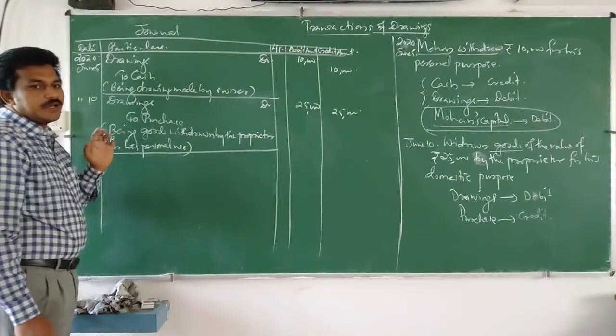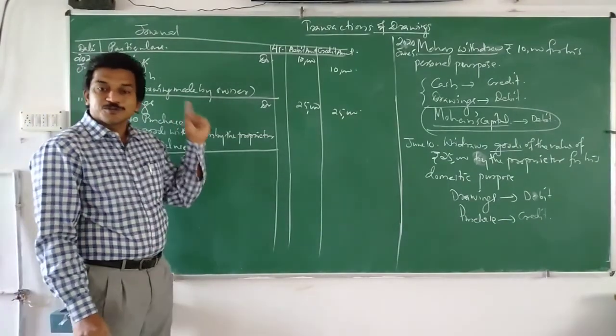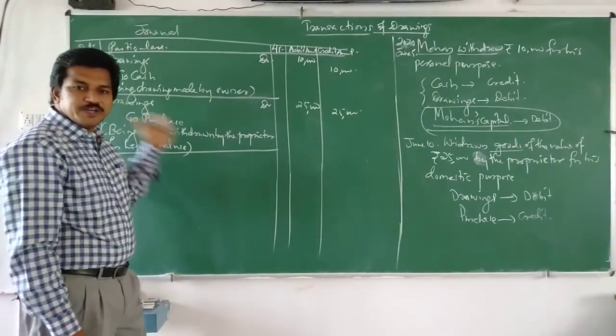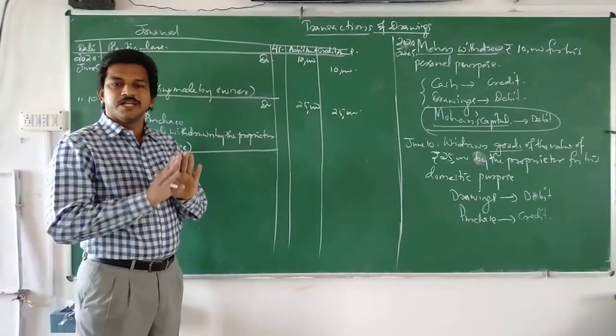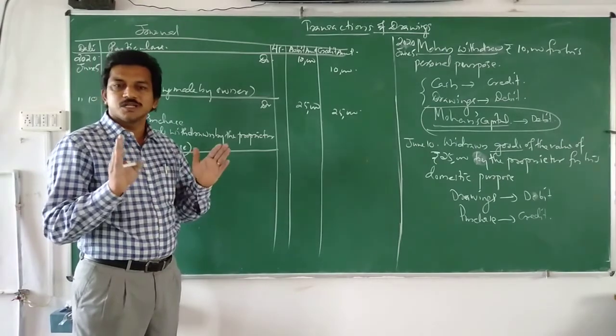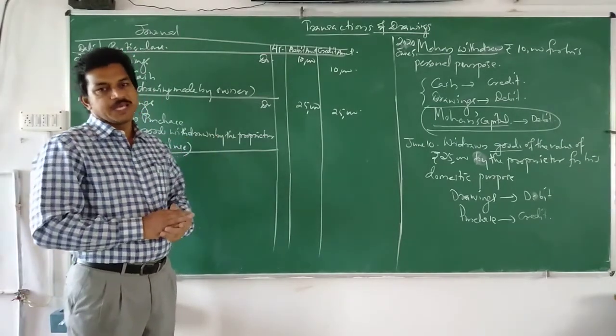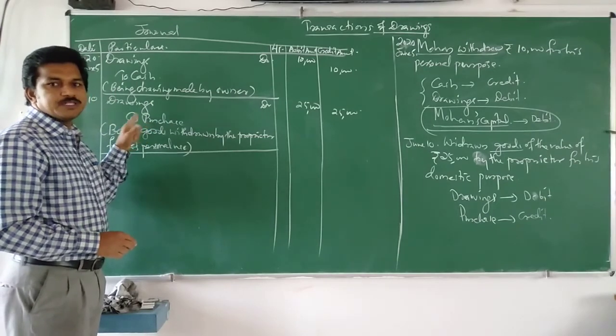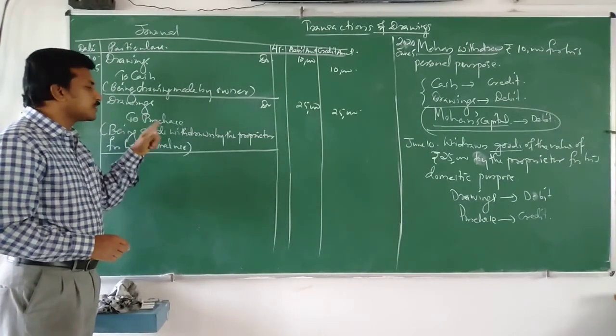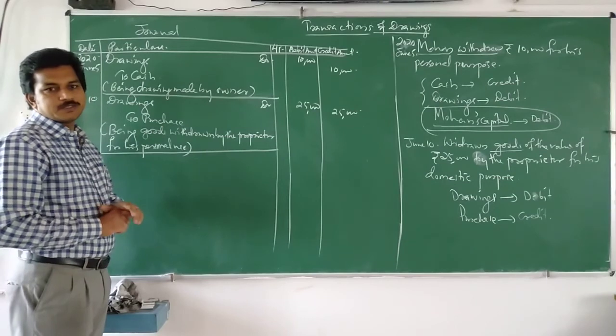Okay. And one more secret I am going to tell here. Every time we debit purchase, because purchase is the most important expense. And this is the only one time where purchase is credited.